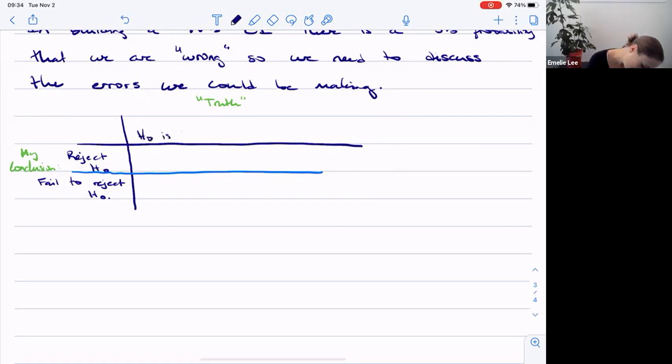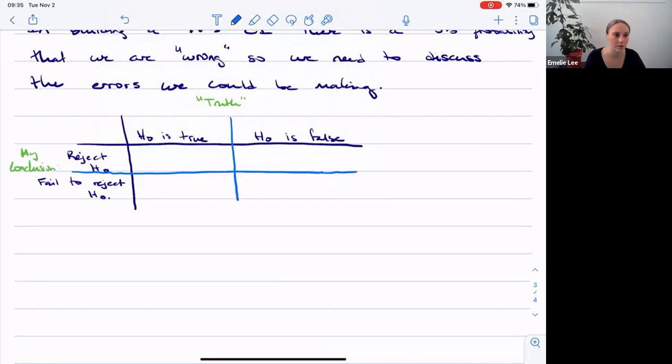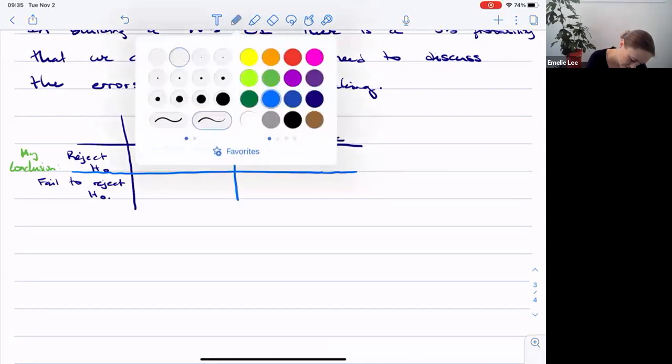H naught is true. Whoops, that should say true. That's the first option, right? Or H naught is false, right? And just to separate these, we'll use little blue lines here.